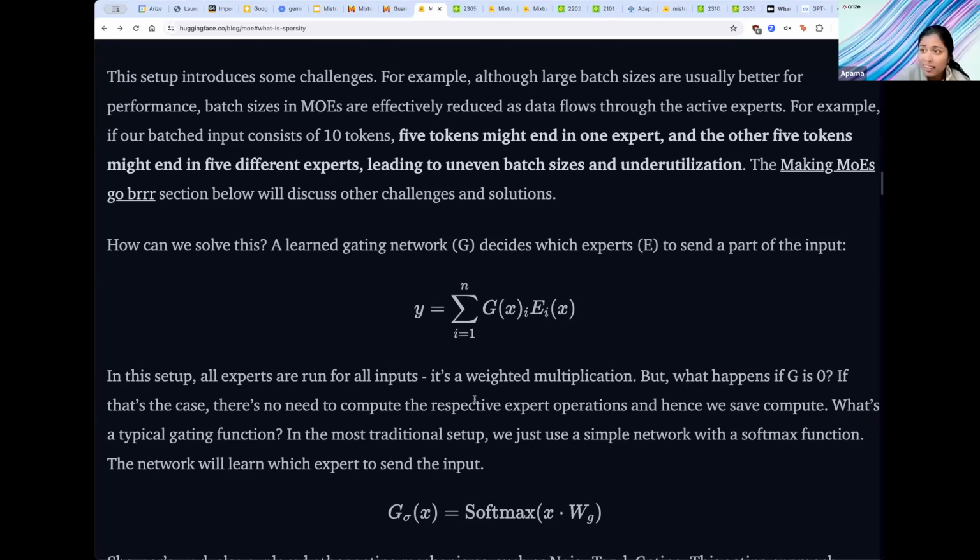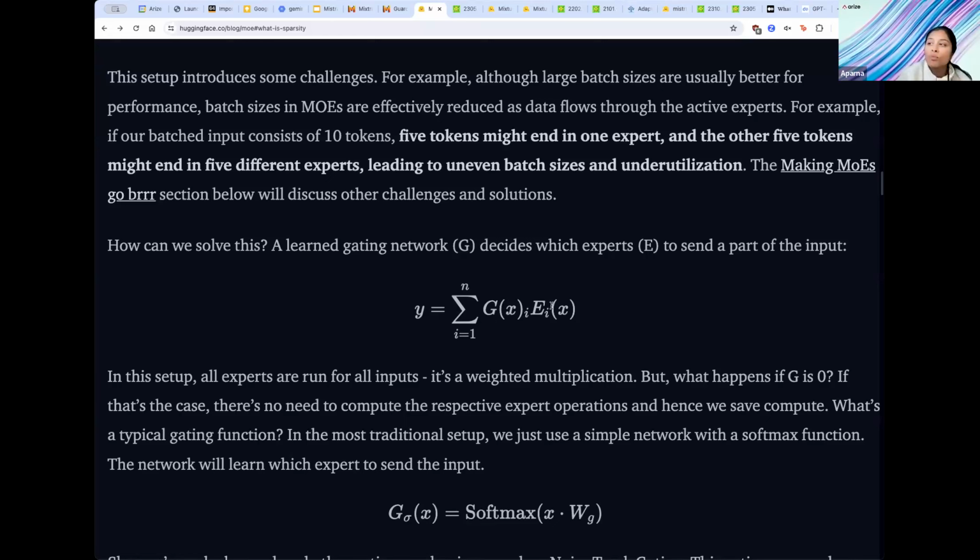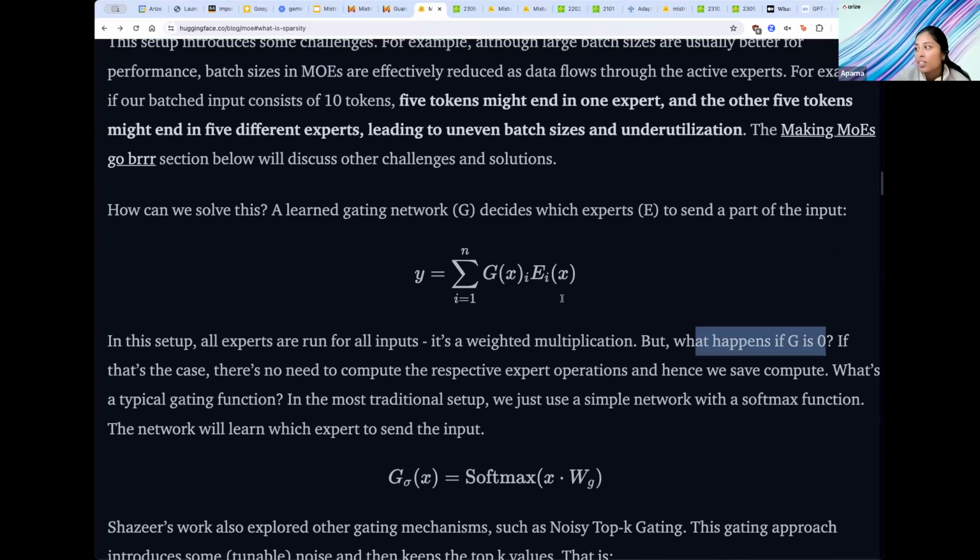What I want at the end is to know which experts the tokens should go to. You can think of the gating function as: if the gating function is 0, which will be for many of the experts, then it won't need to go through the compute for those expert operations, and hence we save the compute.